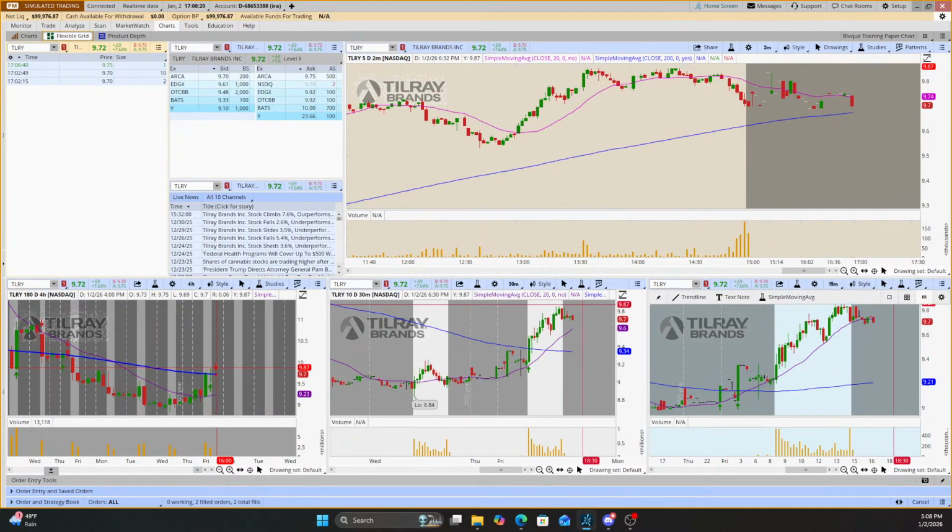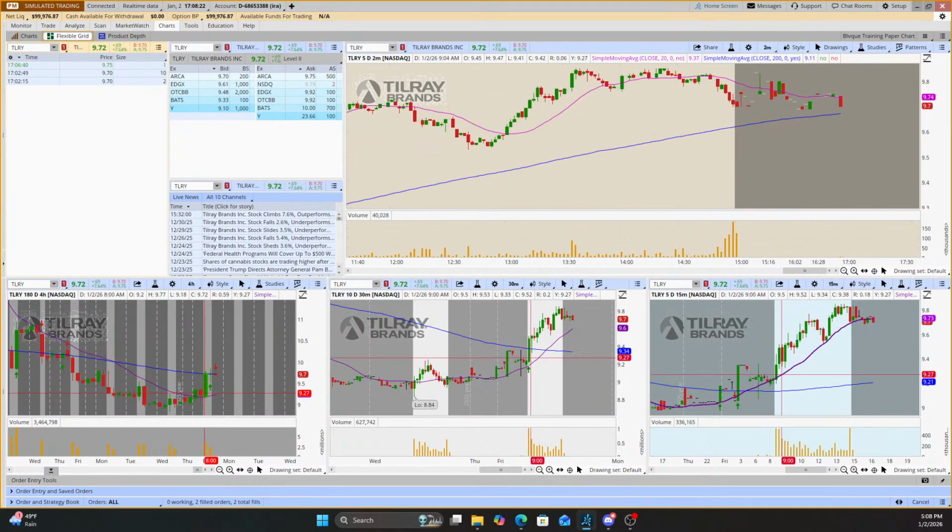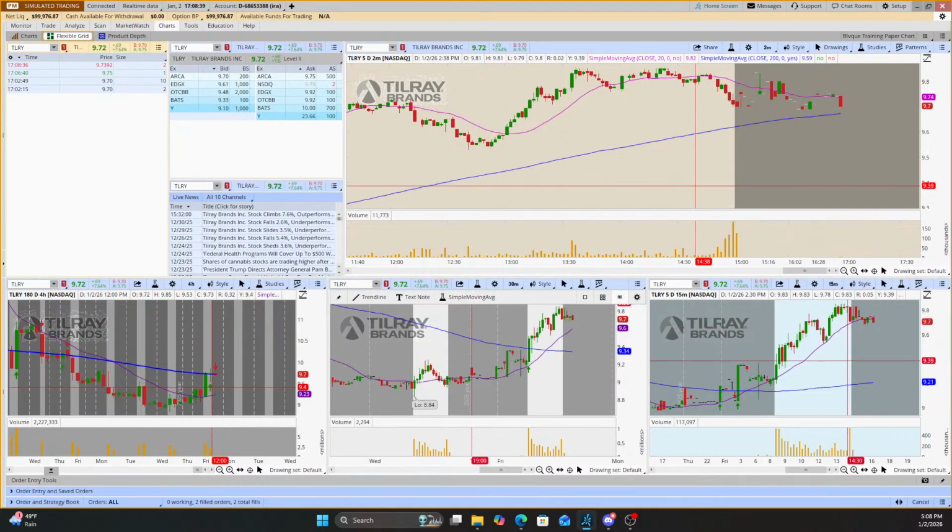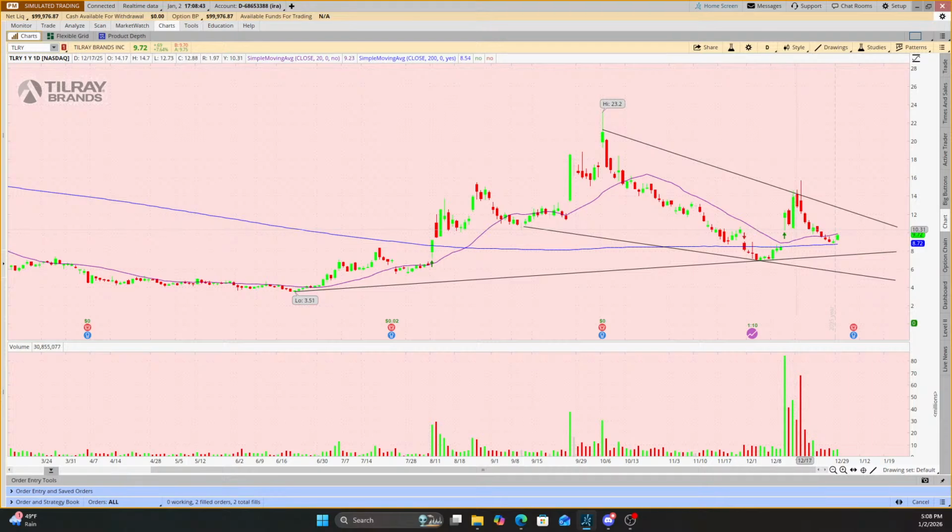Now, if you wanted to take profits by looking at the 15, and then with the 30-minute, it's just crossing over. Let me look. It could be a buy.